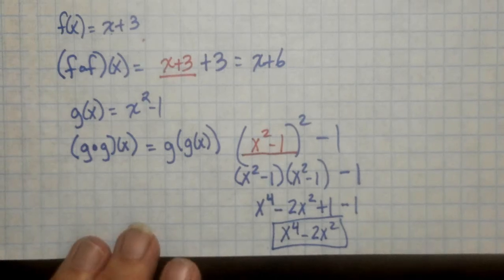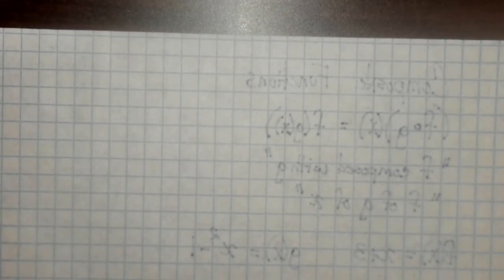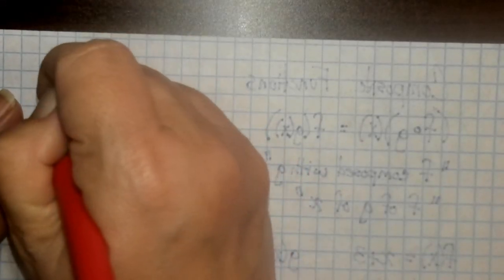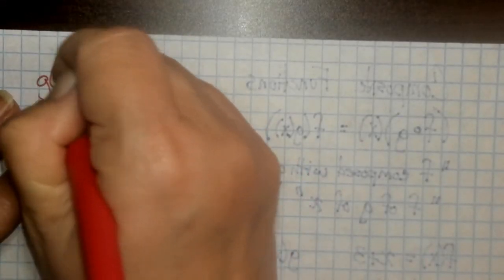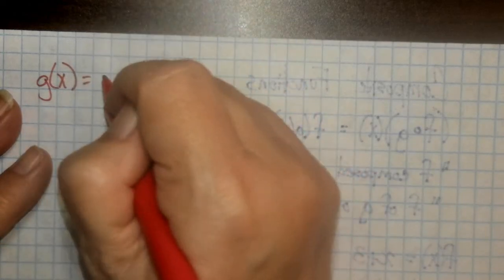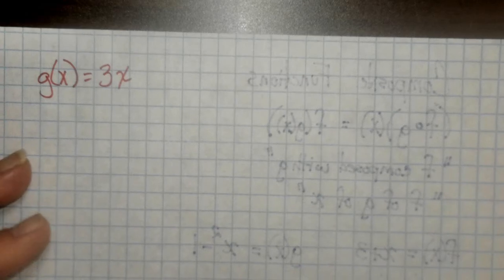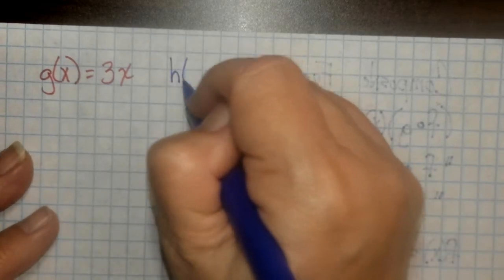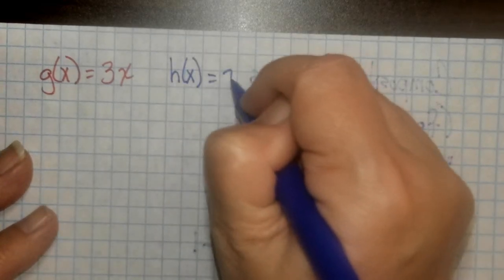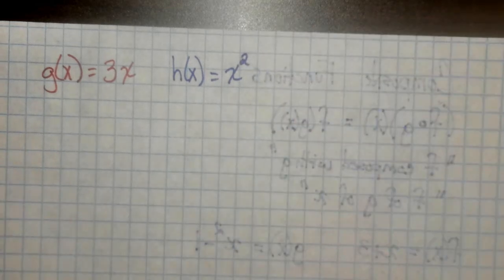Alright, let's see if you've got it by trying these two functions. Alright, so this time, let's take g of x being equal to 3x, and we'll have h of x being equal to x squared.